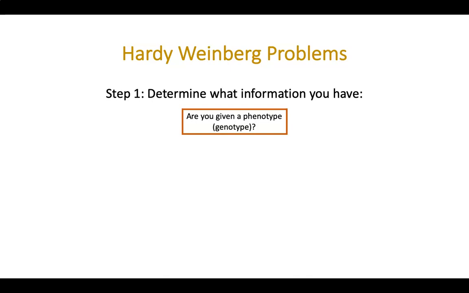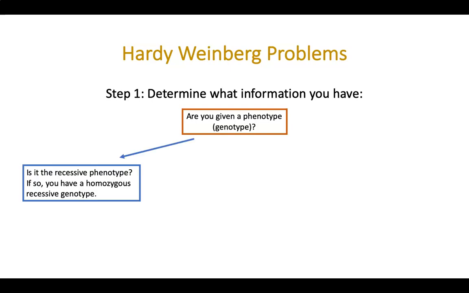So most likely for my class, you're going to be given the recessive phenotype, and this is one of the easier ones to pick up on in the problem. If you're given a phenotype, you are going to determine which part of the equation you're given. The recessive phenotype goes along with the homozygous recessive genotype, because remember, if you have a homozygous recessive individual, they have the recessive phenotype.